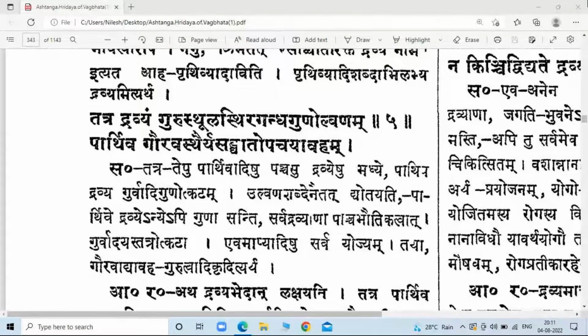And we have to understand what this list of gunas means, or what this list of gunas is intended for. Generally, we have a notion in our minds that everything is based on gunas. The entire Ayurveda is something which deals with gunas.